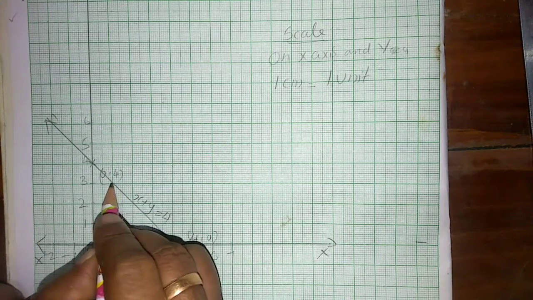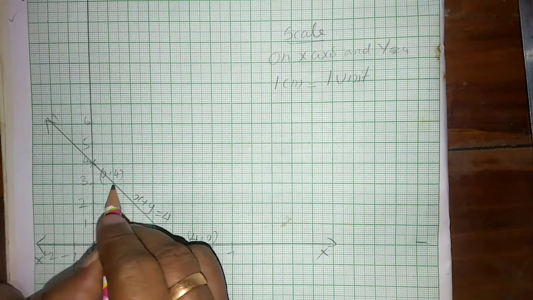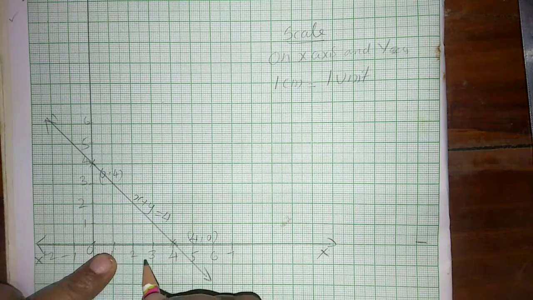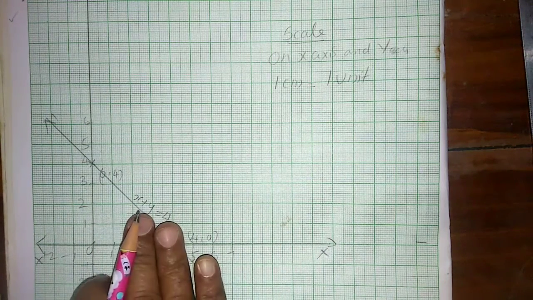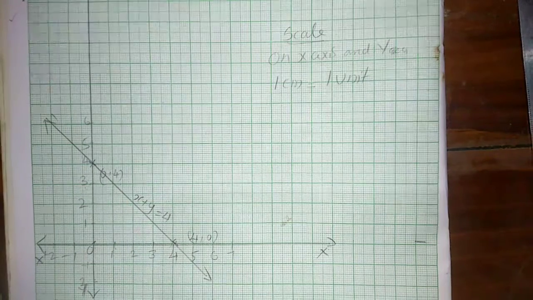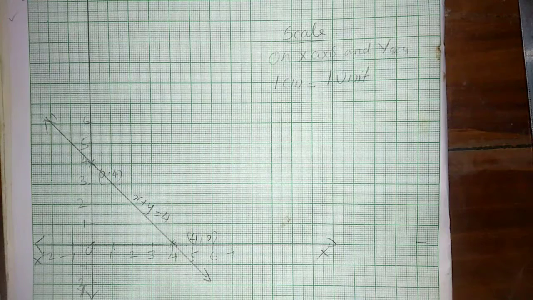So it will meet here. So the value of y is 3. Okay, 1, 3 is another solution. We can find many solutions like this. All these solutions are points on this graph. Clear? Now we can do the next question.